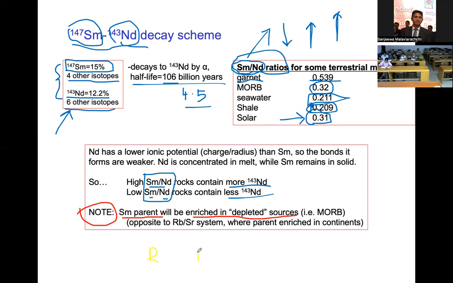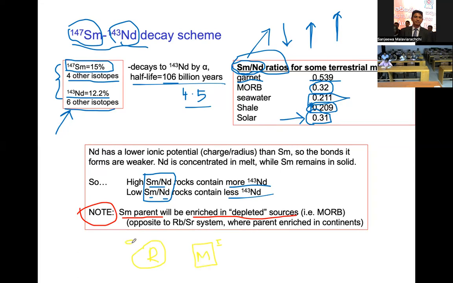So if you have residue and melt as a result of melting, more compatible ones will like to go to residue, and more incompatible ones will like to go to melt, right? So if you compare samarium and neodymium, what is more incompatible?